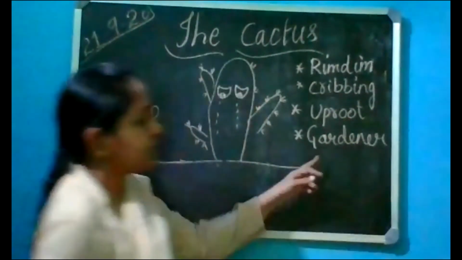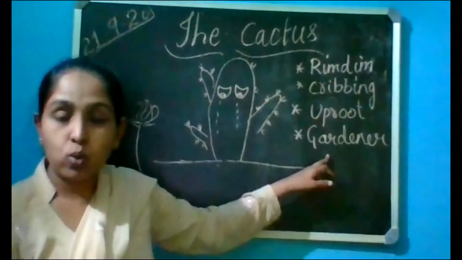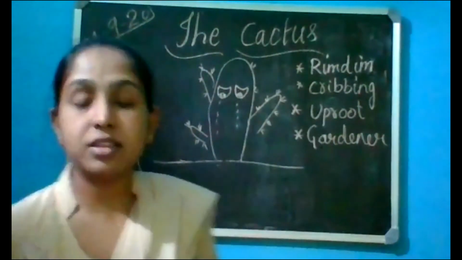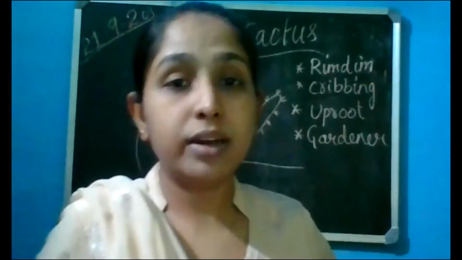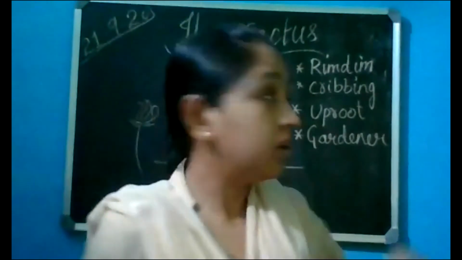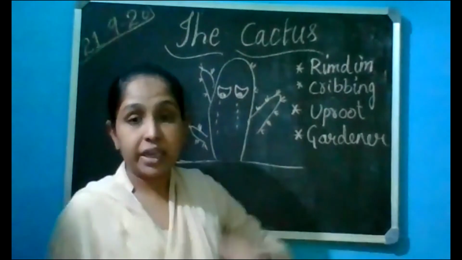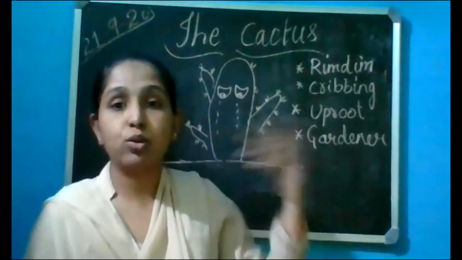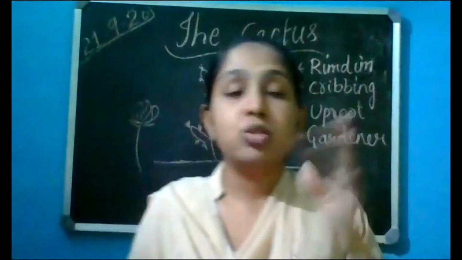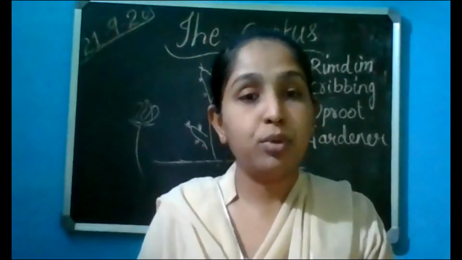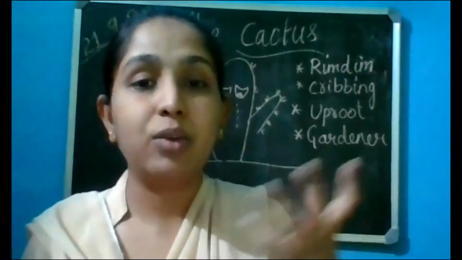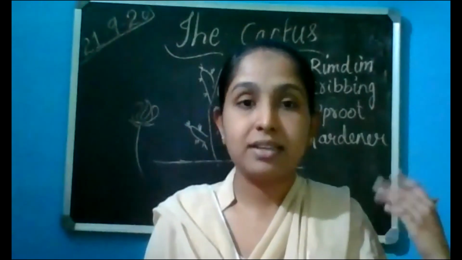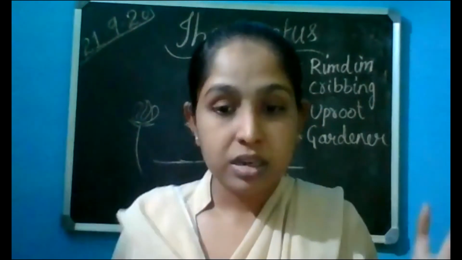Who is the gardener? The person who takes care of the garden. The rose is asking why the gardener doesn't uproot the cactus. Uproot is nothing but taking it away from its root, taking it away from the ground and throwing it off. So the rose is saying, why doesn't he uproot the cactus and throw it away from the garden?